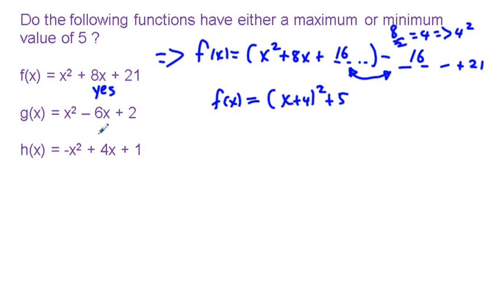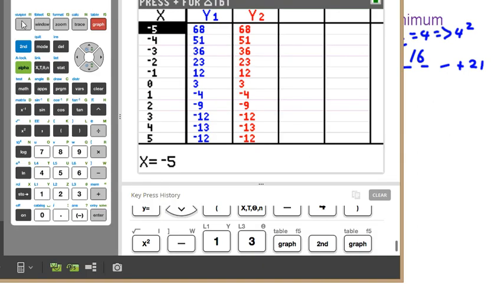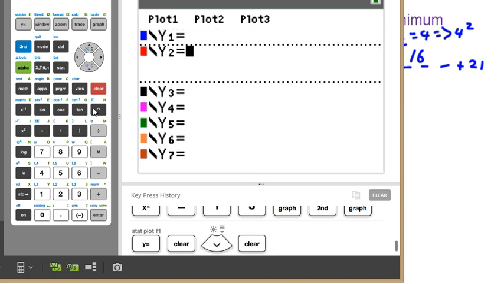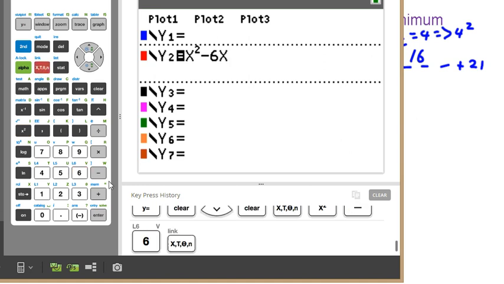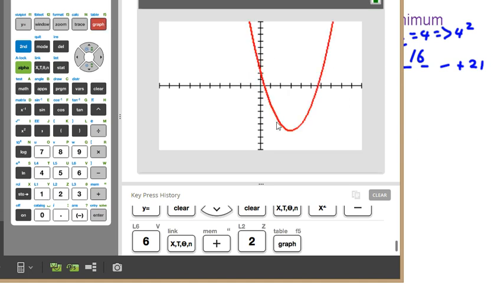For the other two, I'm just going to go to the graphing calculator. X squared minus 6x plus 2. So that's going to be negative something, so that's not going to be right.